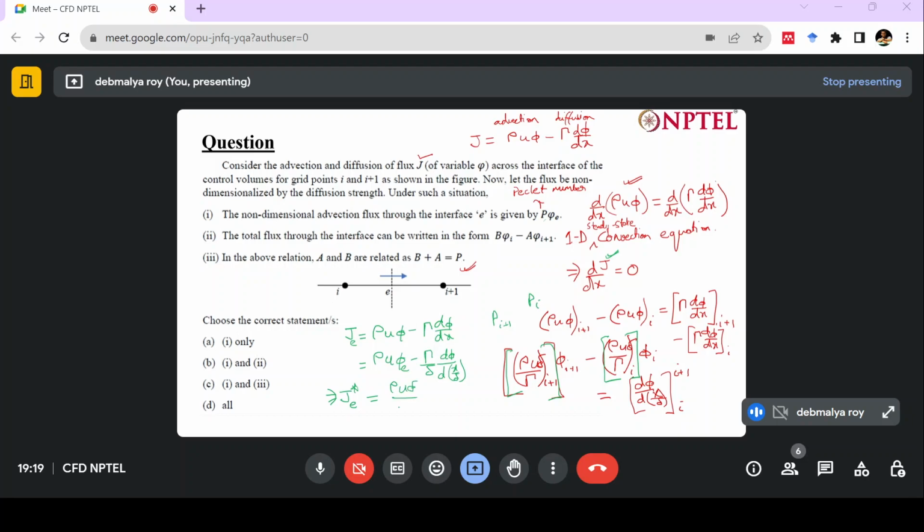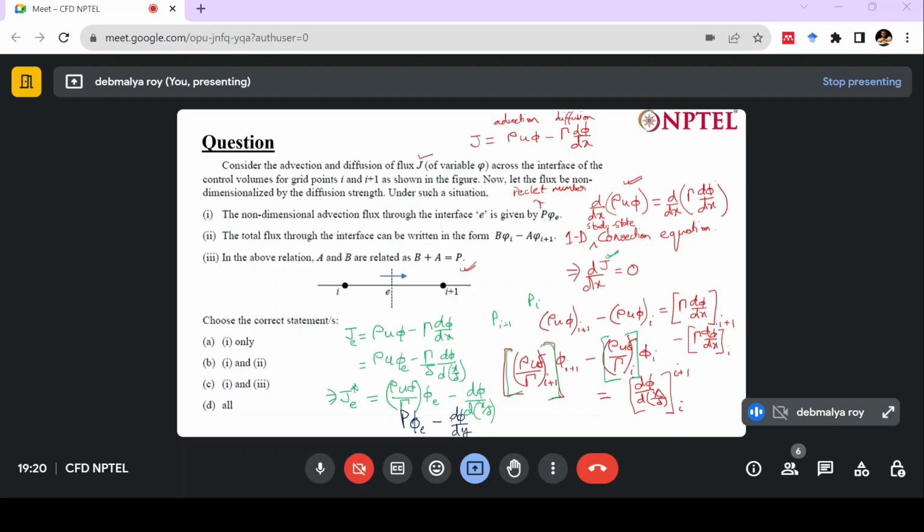And you see, we have the Peclet number. So we have what we were asked for, the Peclet number, P into phi, minus this term.